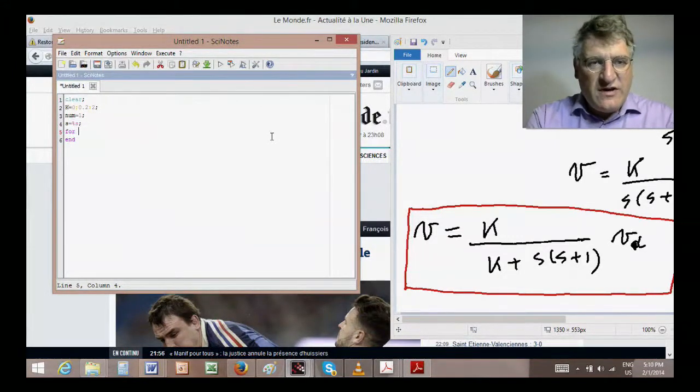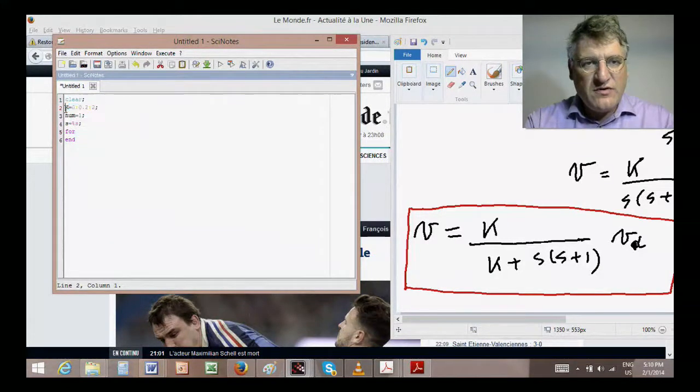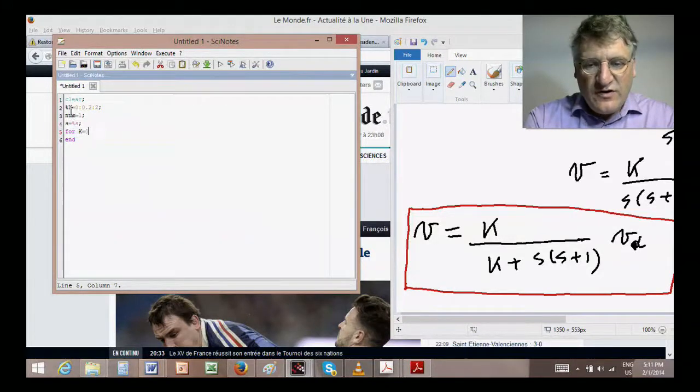We could actually erase this and just run the loop with k. So we could say for k equals 0 by intervals of 0.1 or 0.2 up to 2.